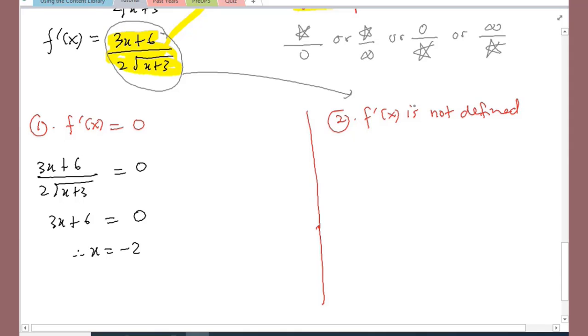Which case? Numerator or denominator has the problem? The denominator. Good. So cancel the numerator; the denominator has the problem. What problem does the denominator have, 0 or infinity?